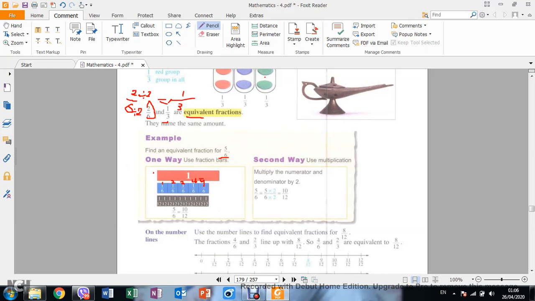I give you this model too. So this one is 5/6.